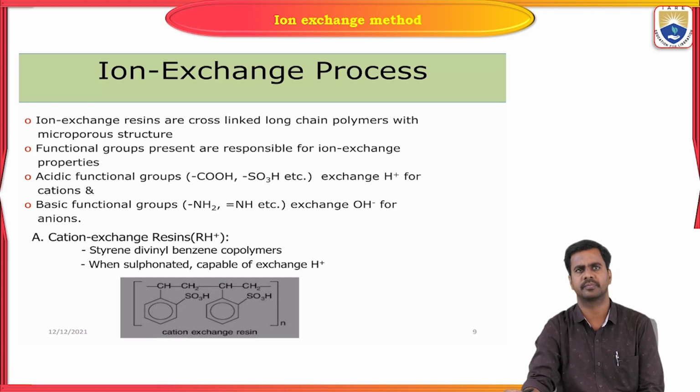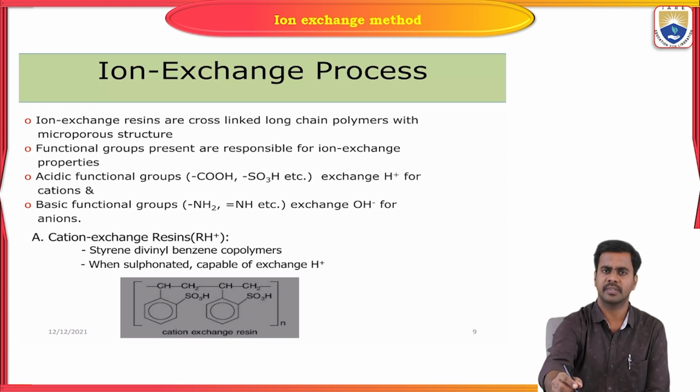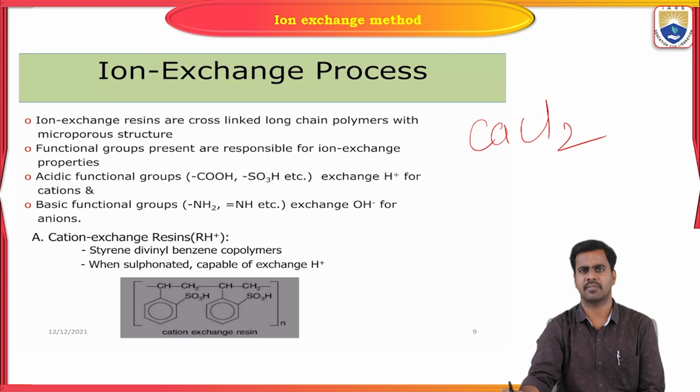Here we are going to use resins to remove the ions present in the water. Usually water contains different types of chlorides, sulfates, carbonates, and bicarbonates of calcium and magnesium.